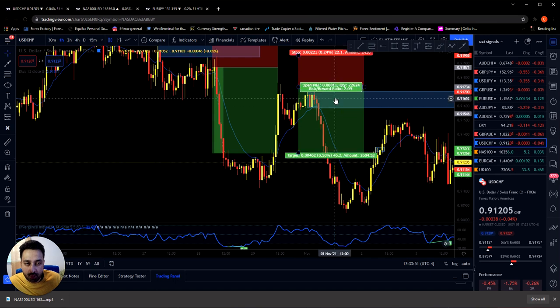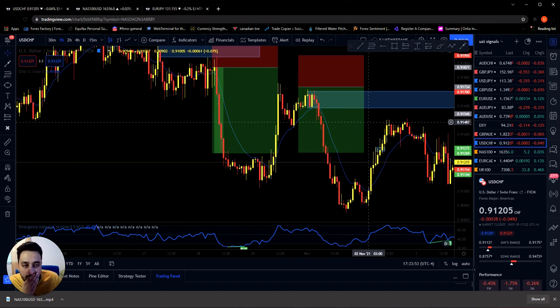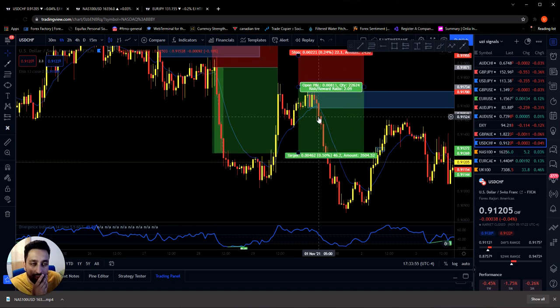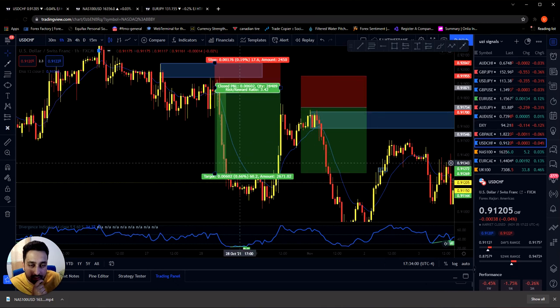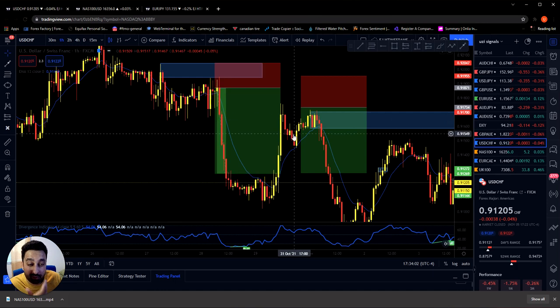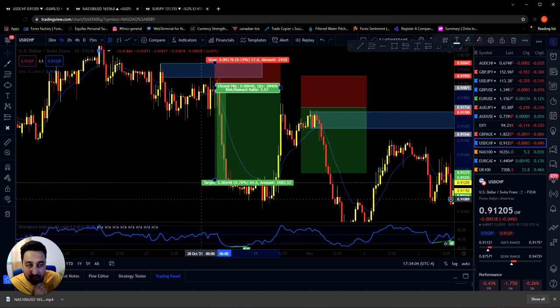And worst case, you take a 1 to 2. Risking 1% on this, and if you risk 0.5% on this one, that's about 4% in one trade, maybe even more, 5% if you can squeeze a bit more out of it. So it's worth noting.